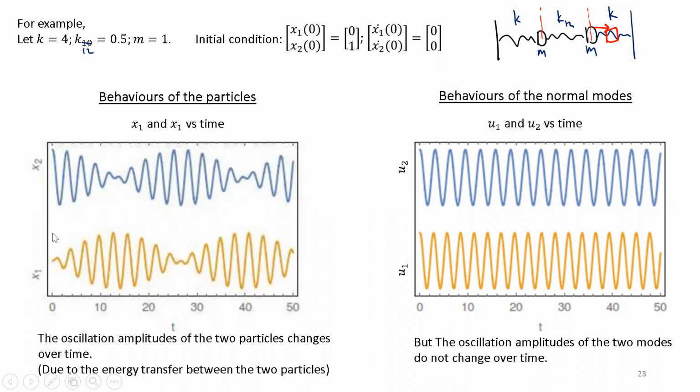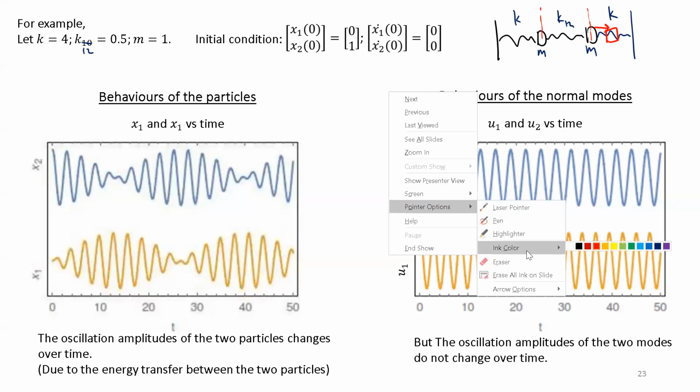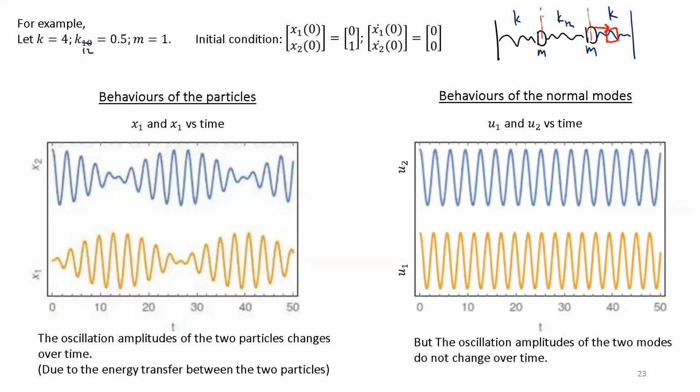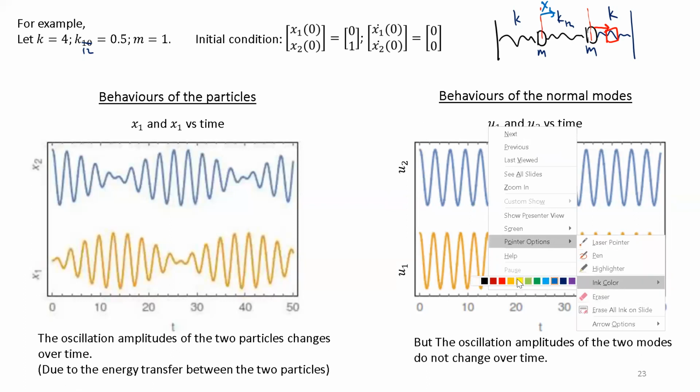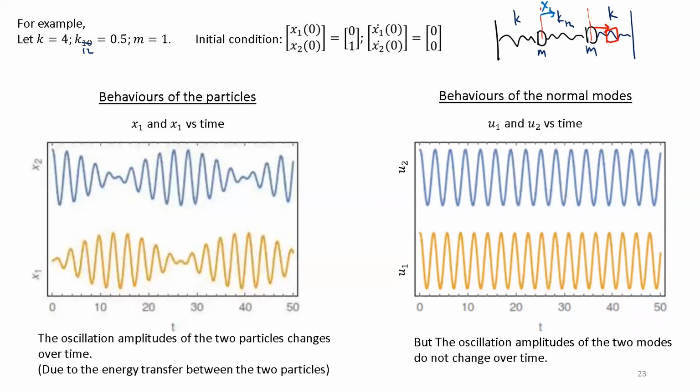So x1 is for the particle on the left, so this one would be x1, and the yellow orange one will be x2. I'm sorry, I think I messed up.